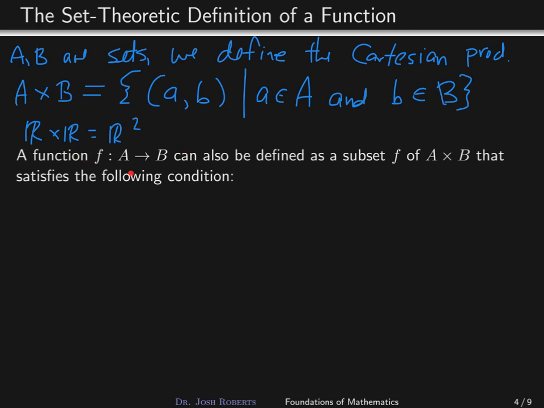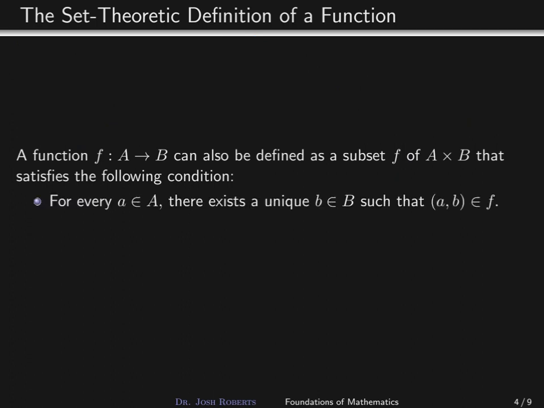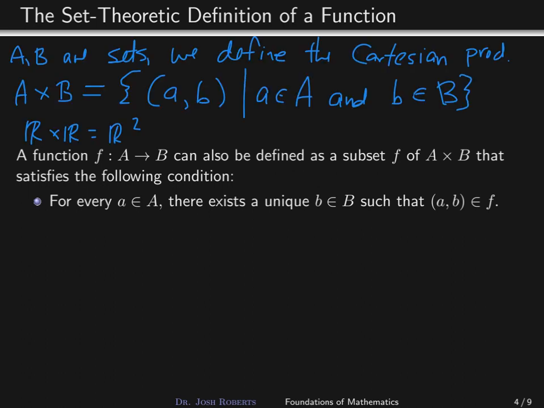So a function from A to B is a subset of the cross product, or the Cartesian product, A times B that satisfies the following conditions. And I lost my definition. Let me see if I can fix that. And magically it appears.